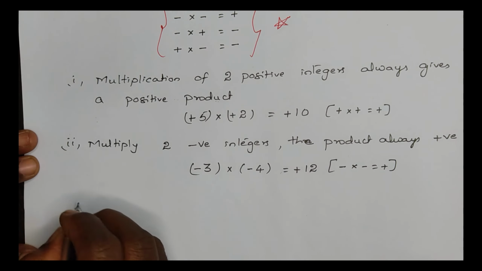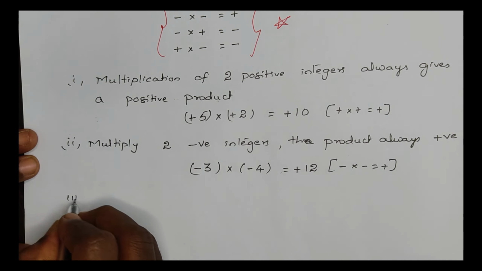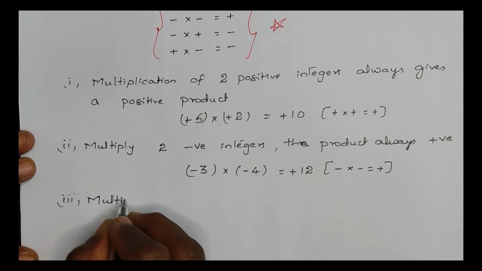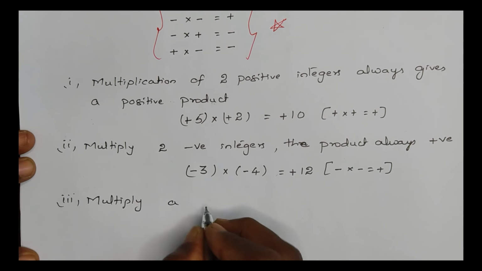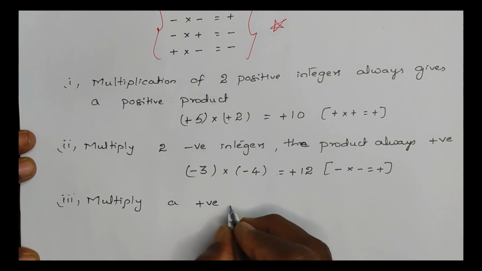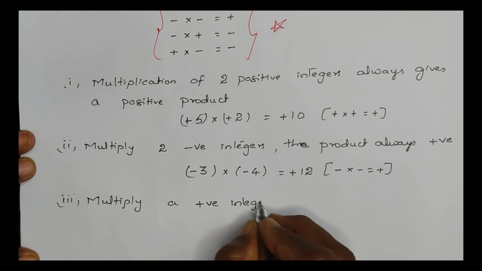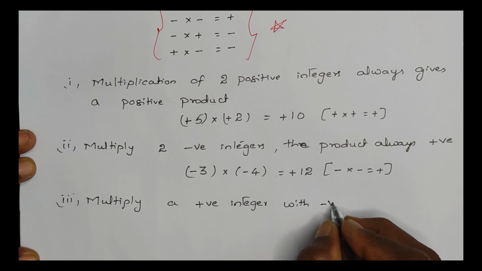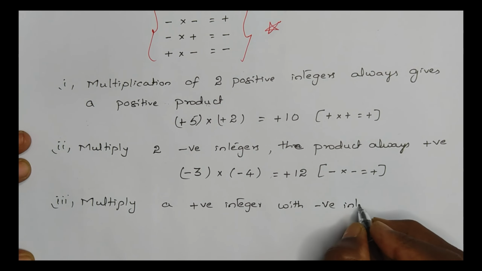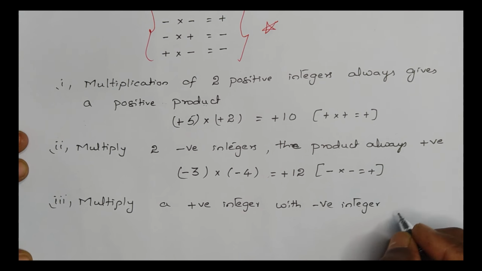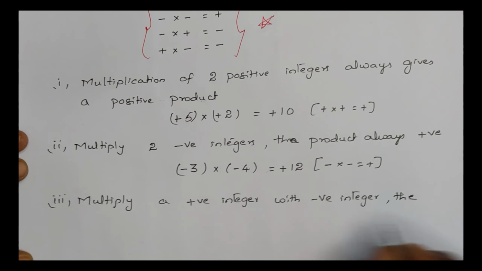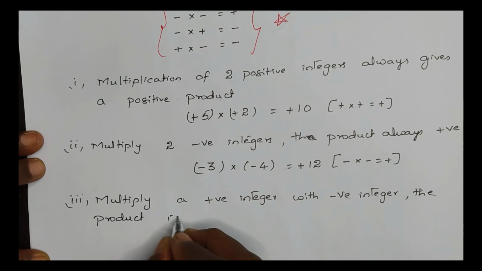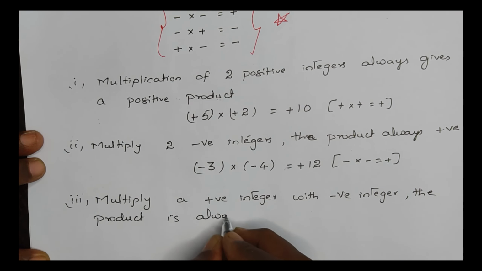The third condition is when we multiply a positive integer with a negative integer, the result or the product is always negative.